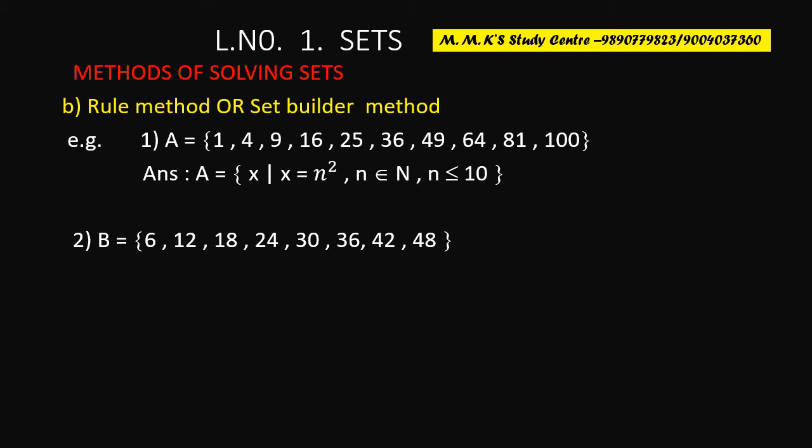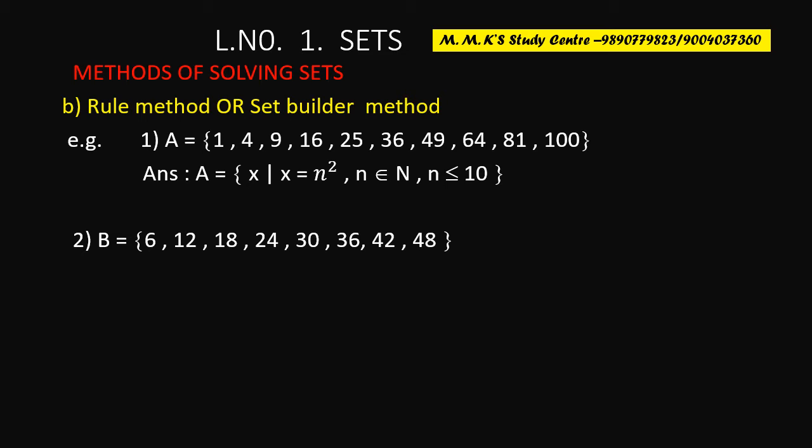B is a set of 6, 12, 18, 24, 30, 36, 42 and 48. If you observe carefully, you will come to know these numbers are nothing but the multiples of 6, or the table of 6.